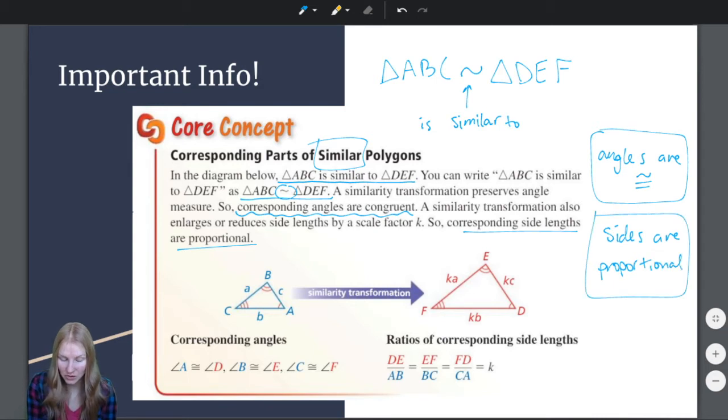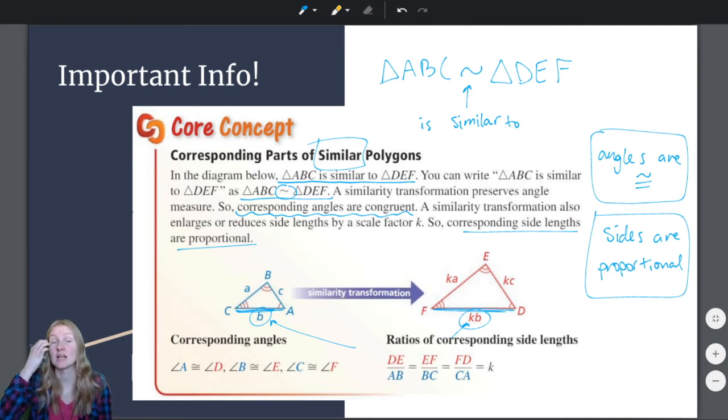Which means to go from side AC to side FD, I just take AC and I multiply it by the scale factor, right? That's what we did for dilations. We just took all the x's, all the y's, and we multiplied by a scale factor. So we're going to do that again with similar figures, because similar figures are dilations. They are one and the same.